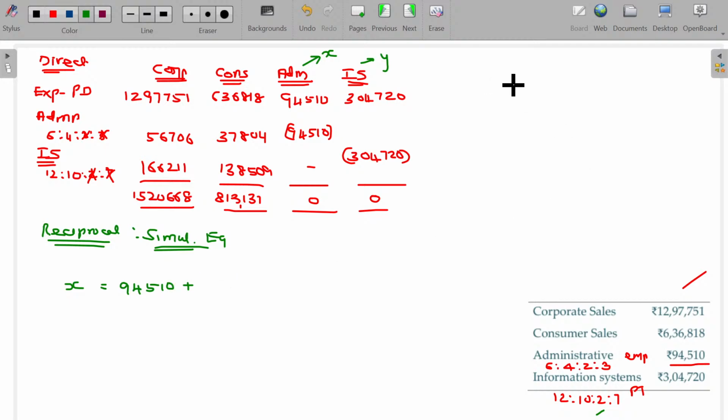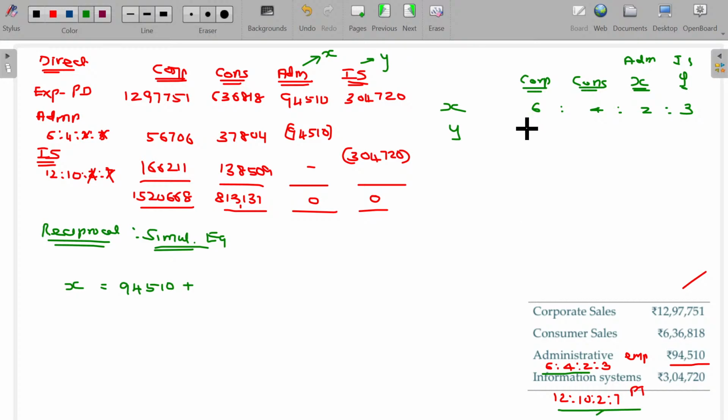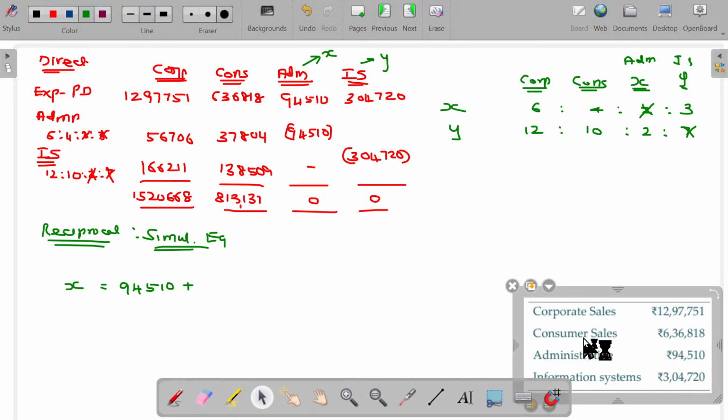I may write it down here: corporate, consumer, X, Y, admin and IS. Here X distributes this way, 6:4:2:3. Y distributes this way, 12:10:2:7. X's own share will be removed, Y's own share will be removed. You understand? Any doubts here?